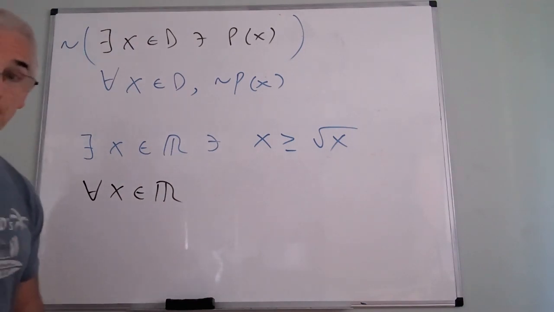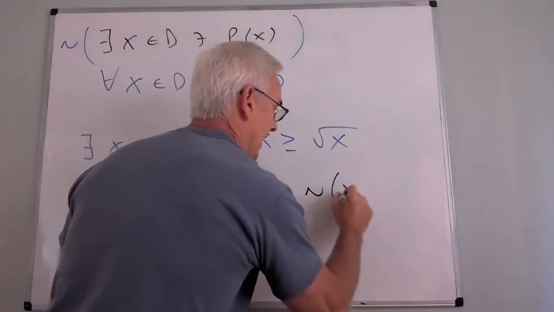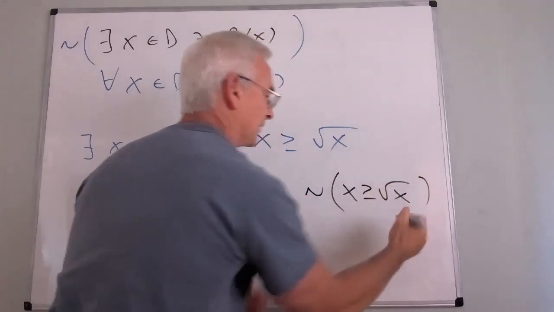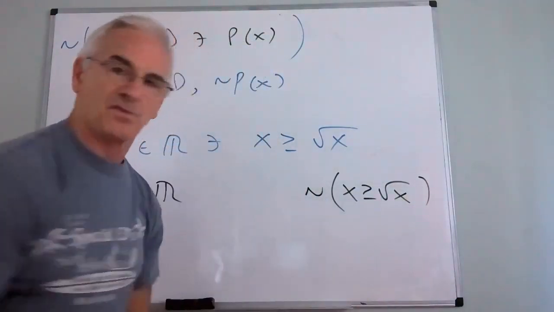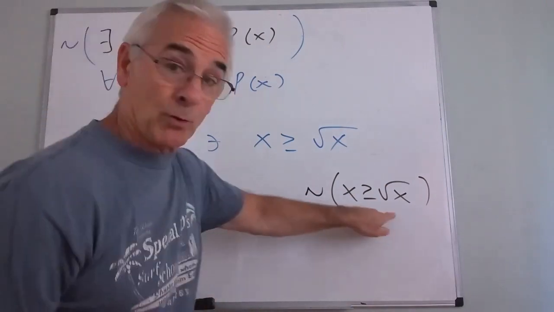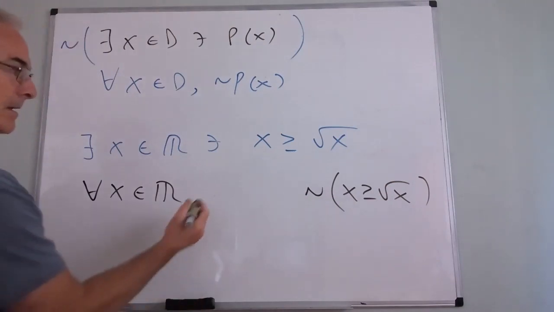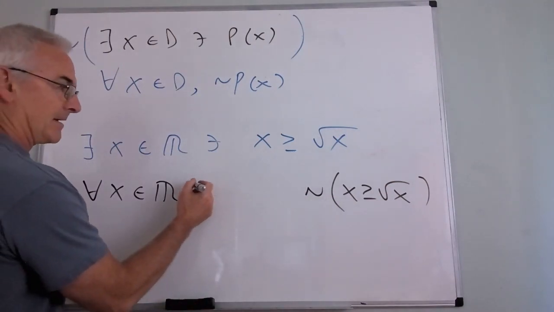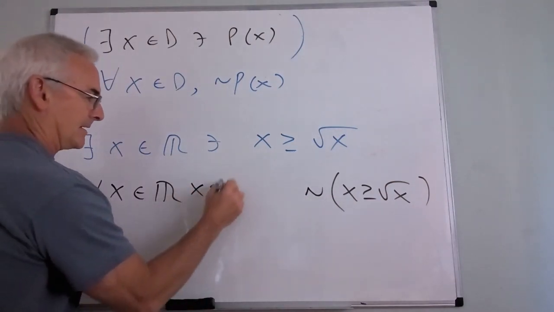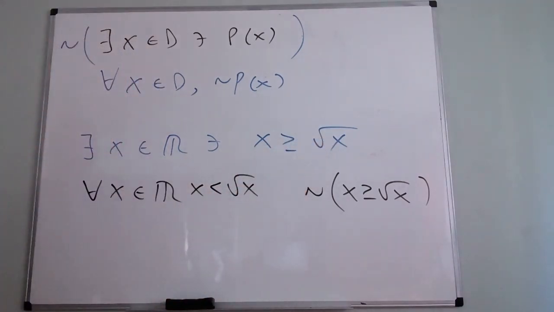Now this is simpler. How do I say it is not the case? And by the way, you would never leave something in this form. It's not a complete answer. What is the negation of this statement? Anybody? It's just X less than. Yeah. The negation of this statement is that statement because it's an inequality.